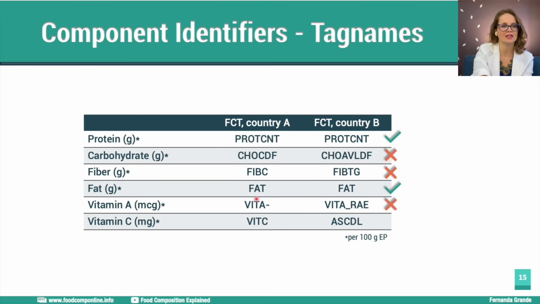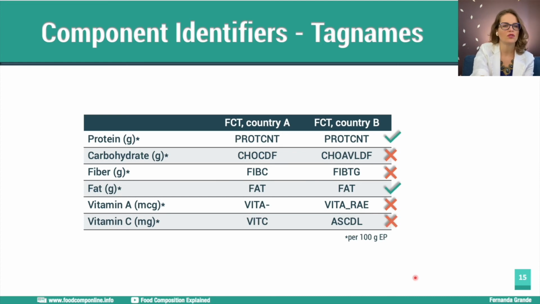We can see here that we have this tag name with the dash, and every time that we have the tag name with the dash at the end, it means that the component description is not clear. So we cannot assign a specific tag name for this component, meaning that the quality of this component is much lower than this one where I have the complete definition.